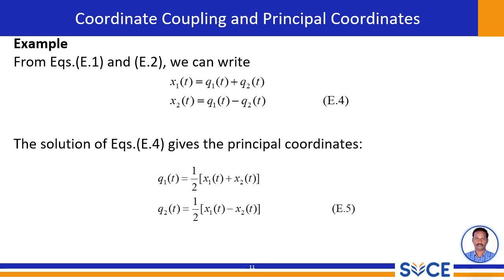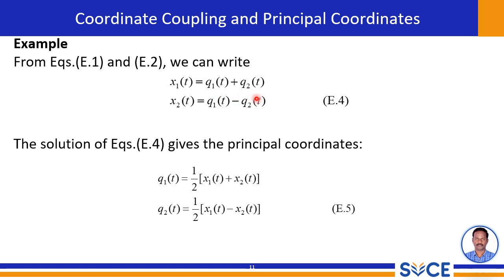We defined our principal coordinates q1 of t and q2 of t and saw their independent equations of motion. Now let's see how they relate to the original coordinates x1 of t and x2 of t. The first set of equations shows that the original coordinates x1 of t and x2 of t can be expressed in terms of the new principal coordinates, q1 of t and q2 of t.